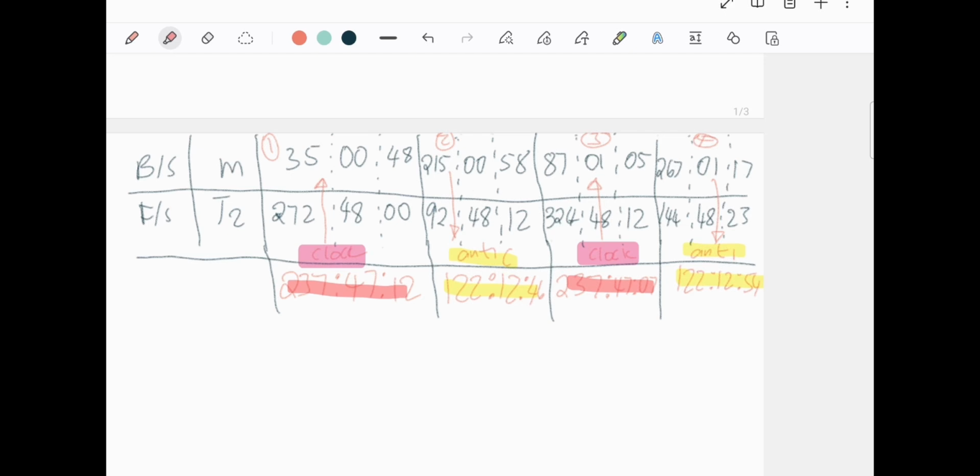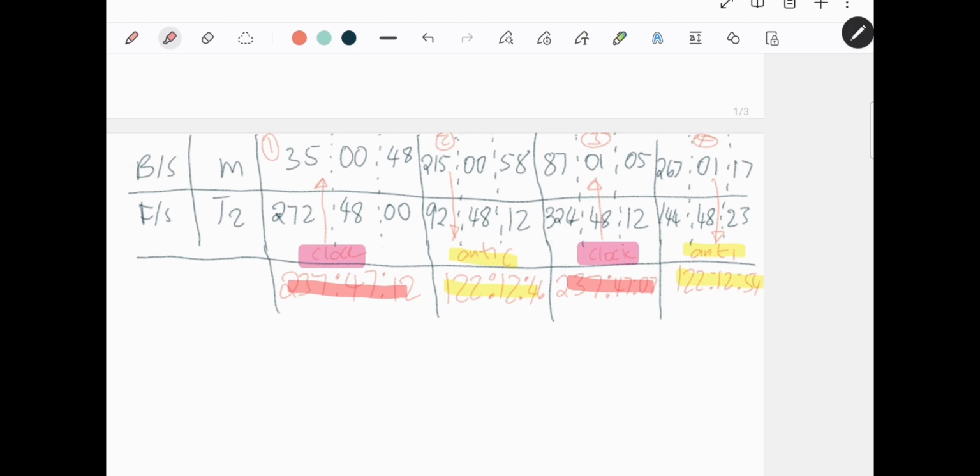Now we're going to find our average angles. Remember, we don't need four angles. We need one clockwise and one anti-clockwise. That's the procedure. So from this step, what are we going to do? We are going to find our averages.